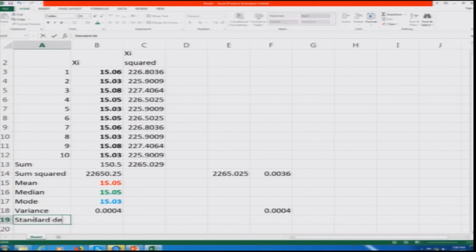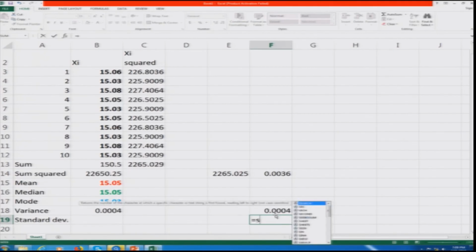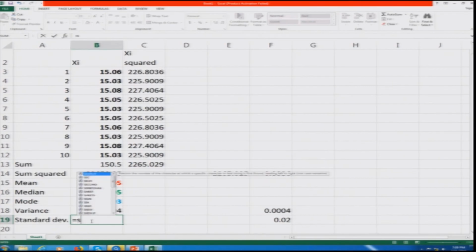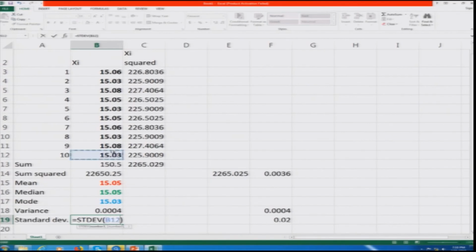Standard deviation is the square root of variance. I will first calculate my standard deviation. This is equal to SQRT, the square root of this value, enter. This is 0.02. What if I find the standard deviation using the Excel formula, the standard deviation of the values from B3 to B12, enter?